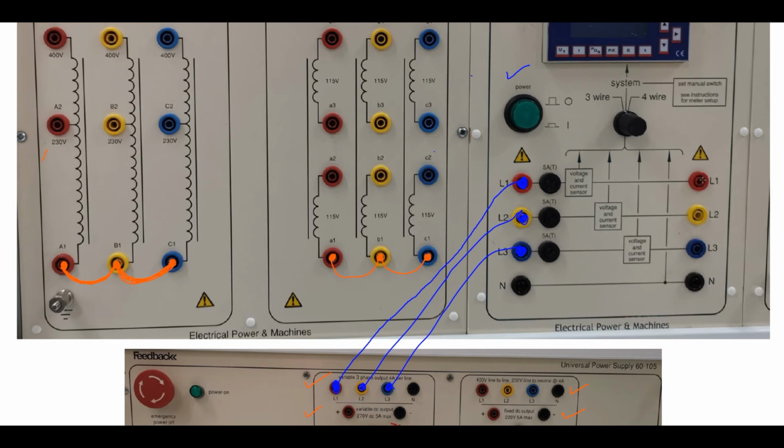So this power meter now will connect those lines, okay, from here to the first line, and the yellow one to yellow, and so on, and the blue to blue, so line 1 to A1 here, line 2 to B2, and line 3 to C2.